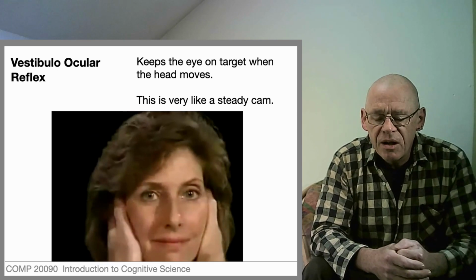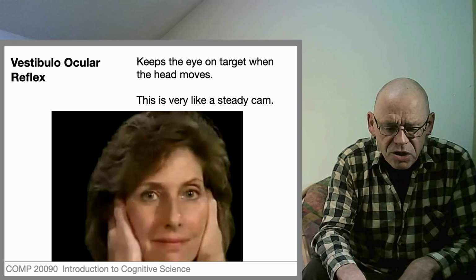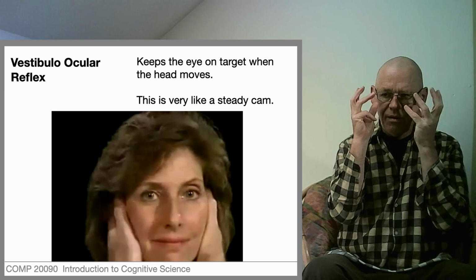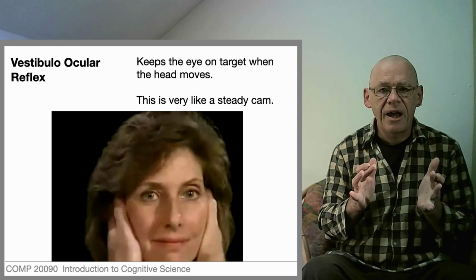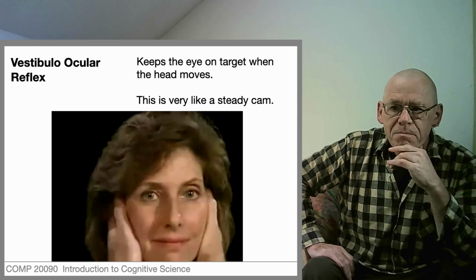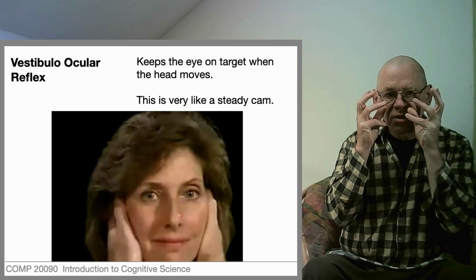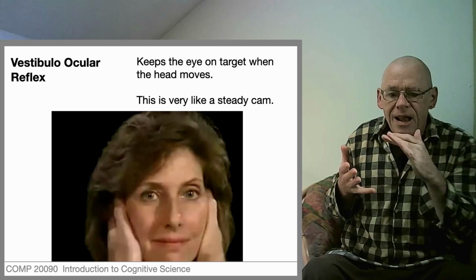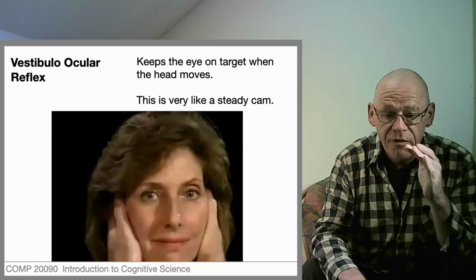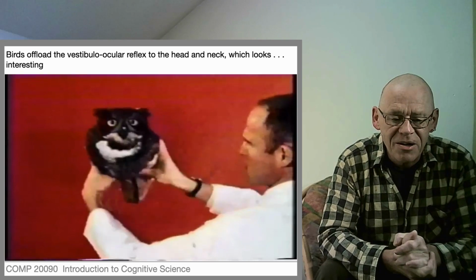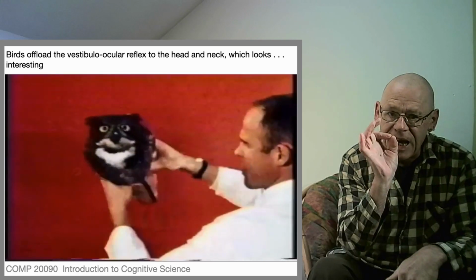So this is a very important and somewhat subtle reflex, which involves the middle ear and the muscles that cradle the eye. Now, as it happens in birds, it's not the cradling of the eye muscles that does this, but their whole head and neck. And we can see this very clearly in this wonderful owl, who will now demonstrate the stability of that gaze.